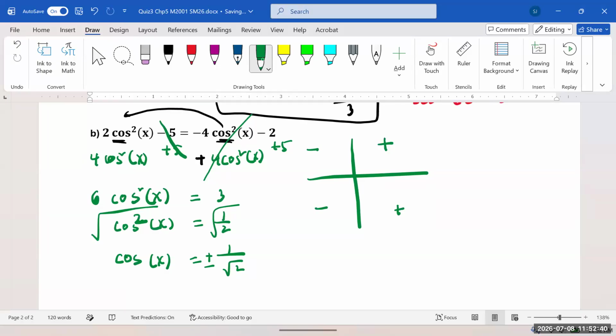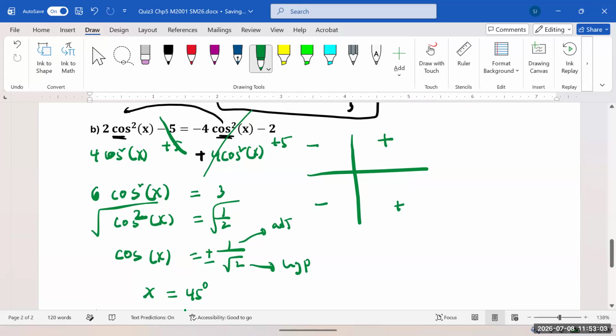So how many solutions are we supposed to have? 4 of them. We can figure out at least one of them. Which triangle has adjacent 1 and hypotenuse √2? 45. So if you give me 45 directly without doing any complicated math, I understand.